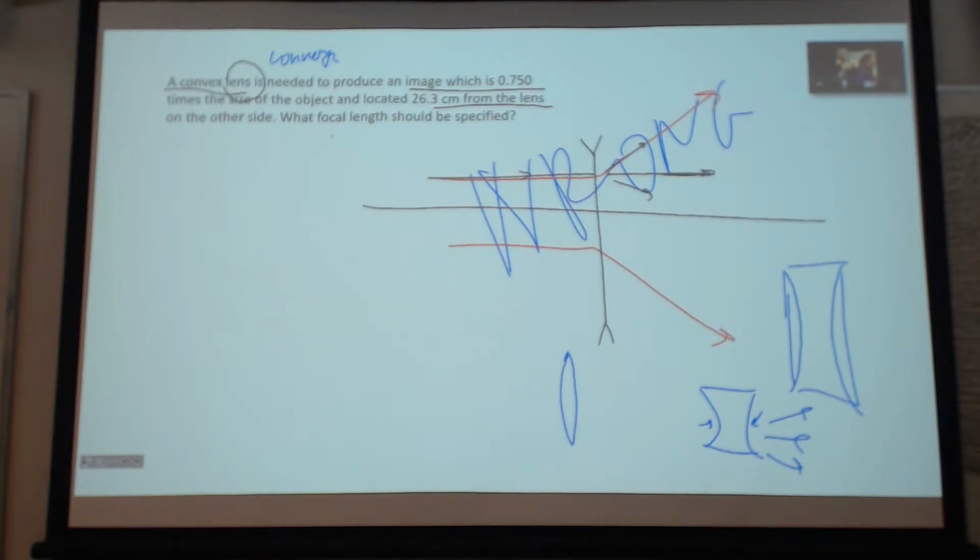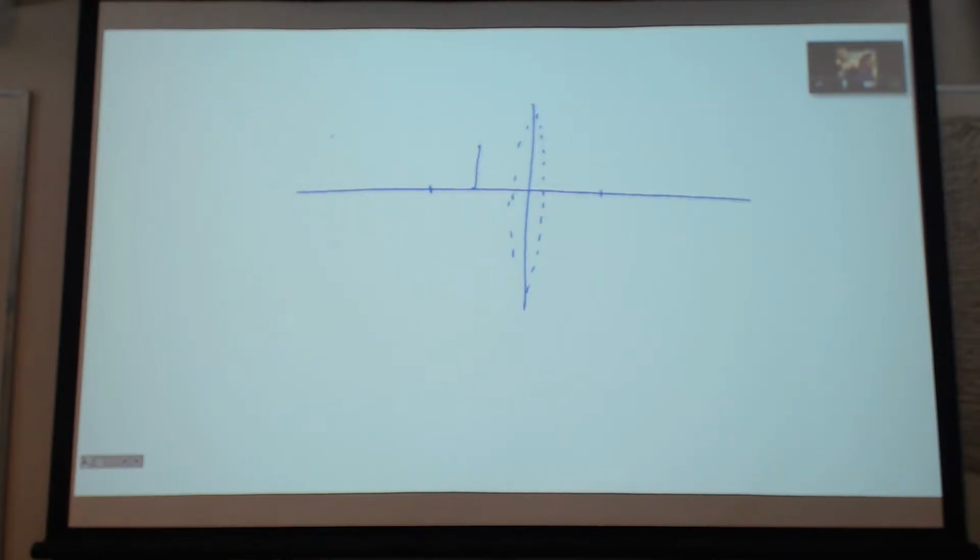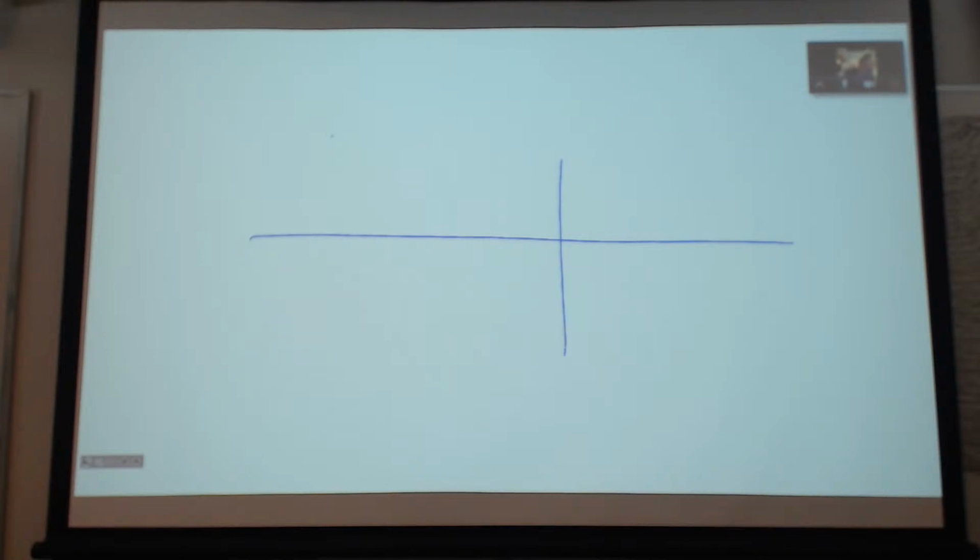So the image is on the other side. If I place it very close, like I just did in this picture, this ray goes like this, this ray goes like this. Now they don't converge. You would get an image on the same side, but it is not real, it's virtual. So that's also not the case.